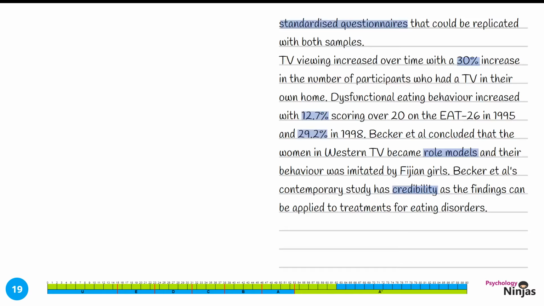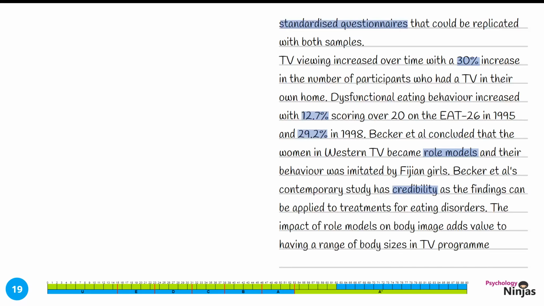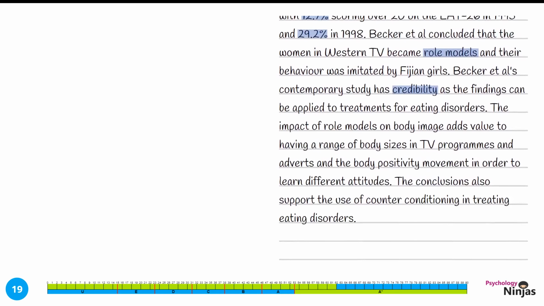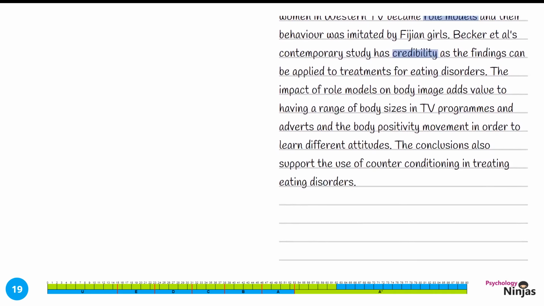We're then going to talk about a specific example of how we could use these findings to reduce the eating behaviours or dysfunction in eating. The impact of role models on body image adds value to having a range of body sizes in TV programmes and adverts, and the body positivity movement in order to learn different attitudes. The conclusions also support the use of counter-conditioning in treating eating disorders.